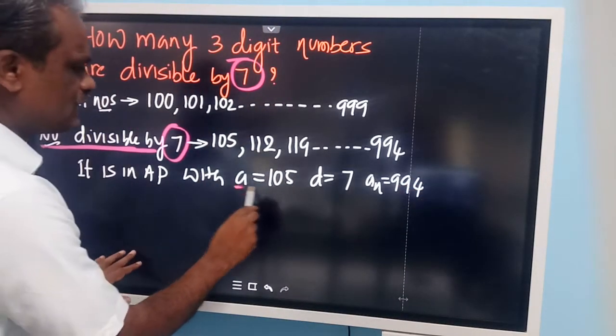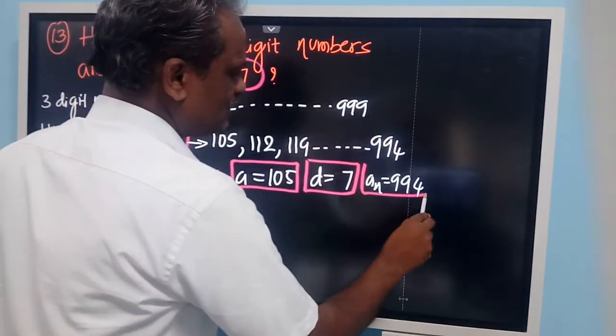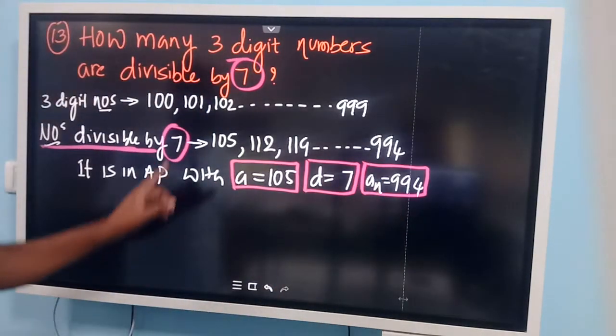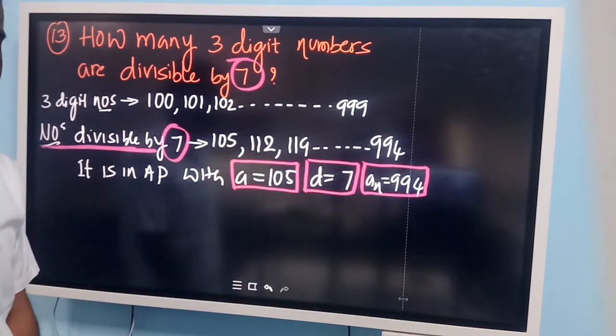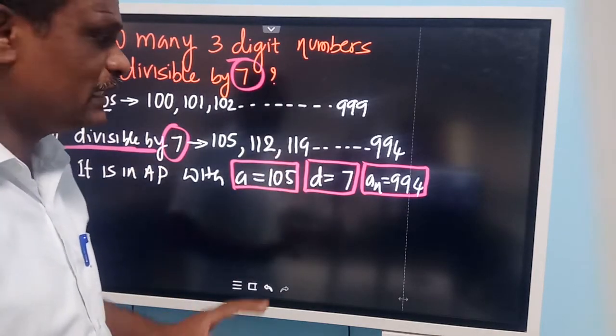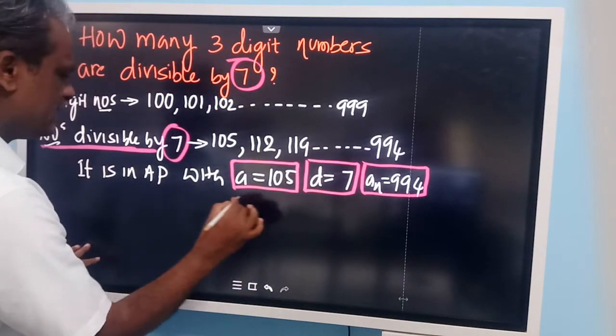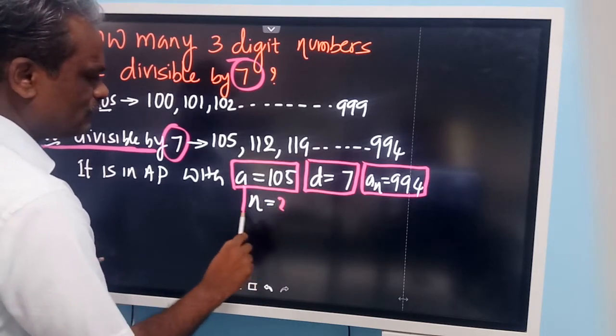So you have the first term a, the common difference d and the last term 994. How many numbers are there? For that you have to find the value of n here. So n is the question mark, which we want to find out.